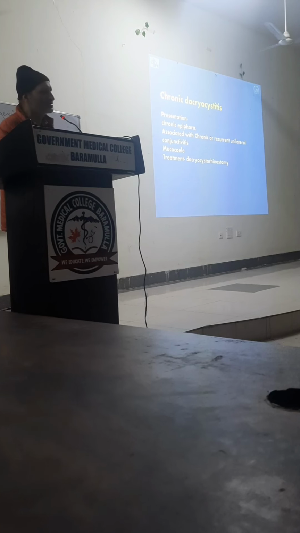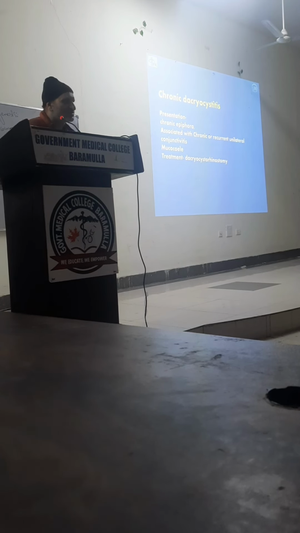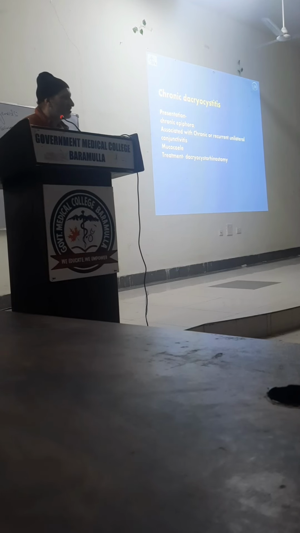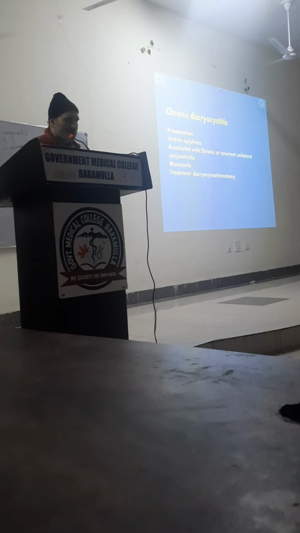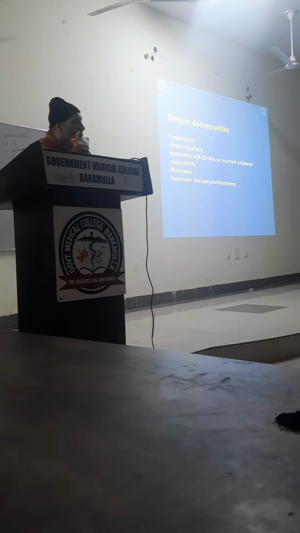Before we go to chronic dacryocystitis, let me make it clear how we can differentiate lacrimal sac swelling from other swellings. So there can be thyroid, there can be something else. How can we differentiate? Where is the lacrimal sac situated?